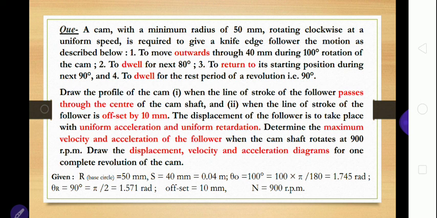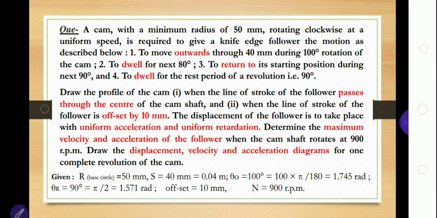One more important thing is that a knife edge follower is given. It is important to identify in the problem which type of follower and which type of motion is given.